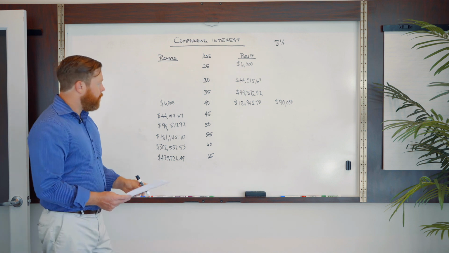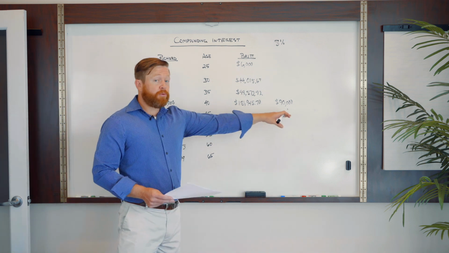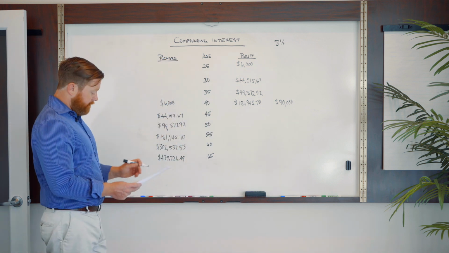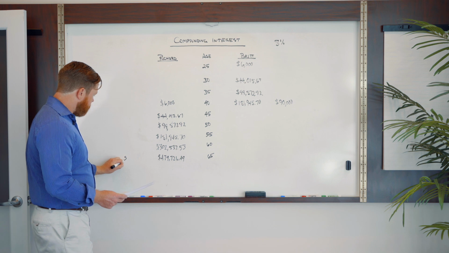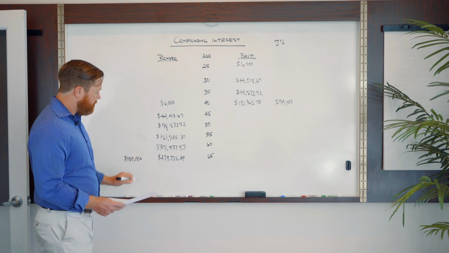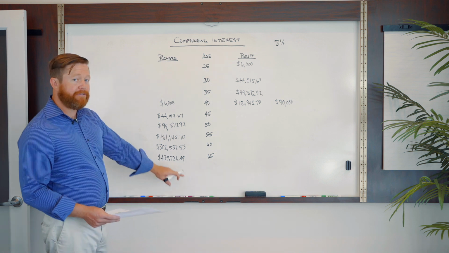All right, so one thing that we want to do to just add this up and compare, remember Britt contributed a total of $90,000, and then Richard, if we add all of his up, he's contributed $150,000. So 150,000 equals about 480.